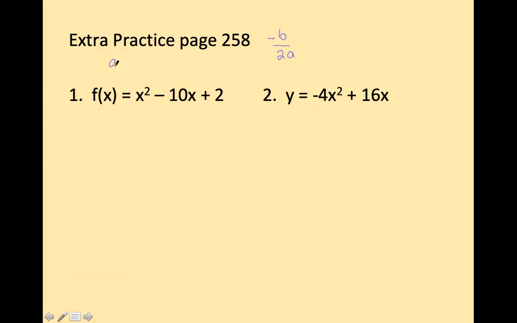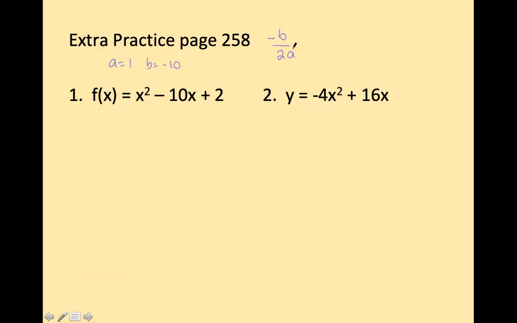So let's figure out what our a and b are in this case. On number 1, remember a is the value that's in front of the x squared. It's the coefficient. So in this case, our a is 1. Our b, and be careful with your signs, is a -10.